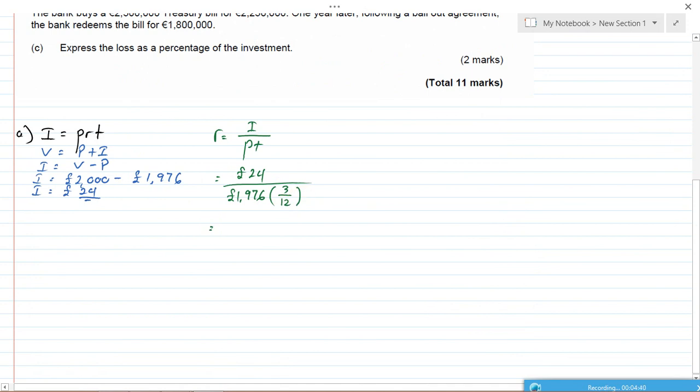And don't forget, you must times 100 because this is a percentage. If you calculate, you should get 4.86%. Standard, we take 2 decimal places here.